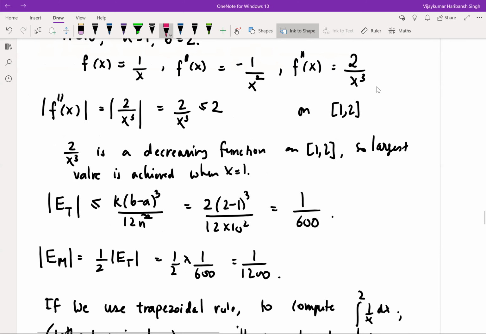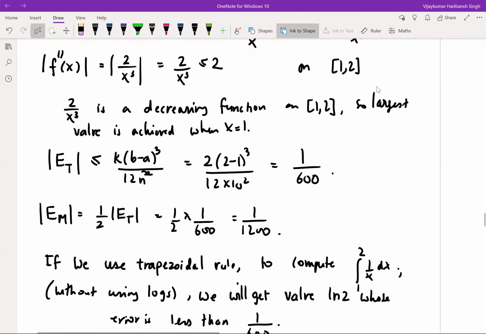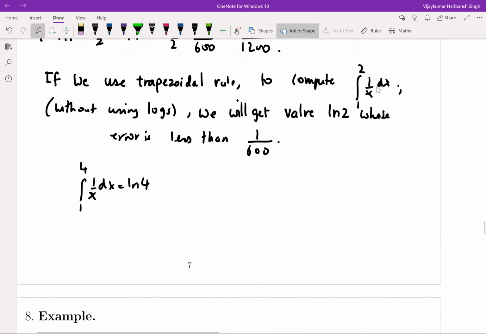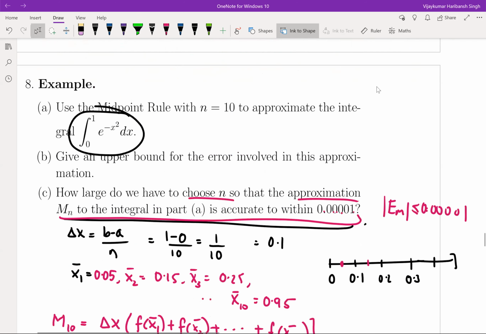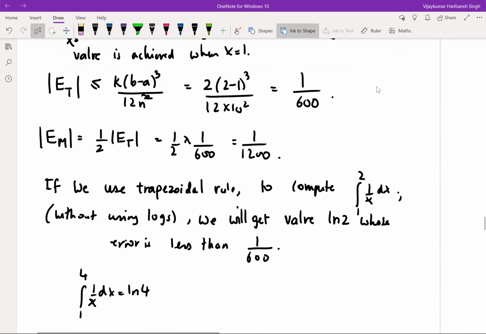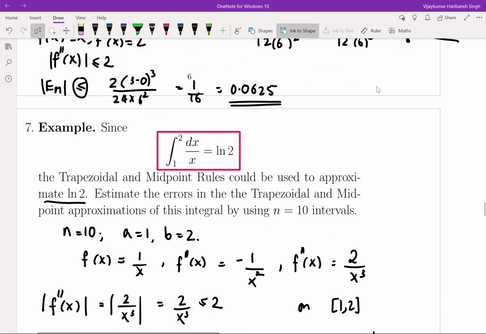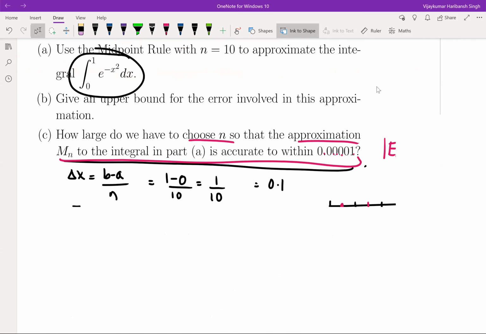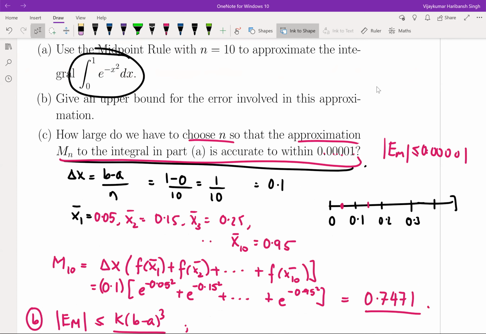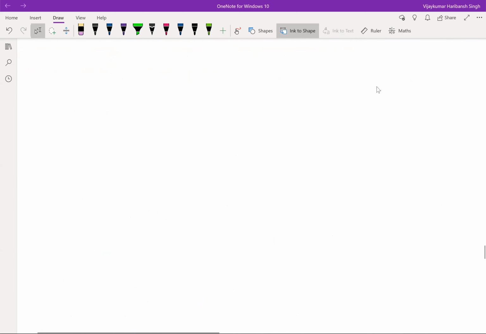We should have computed how many iterations it takes. So let's investigate this now. How many iterations will Simpson's rule take to get to that accuracy? Okay, so let's just deal with that here.